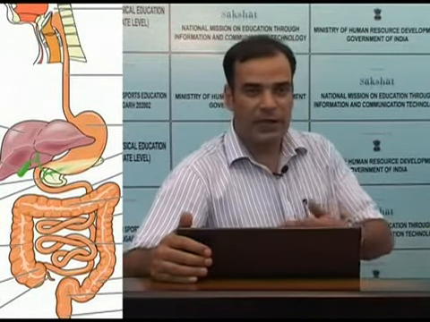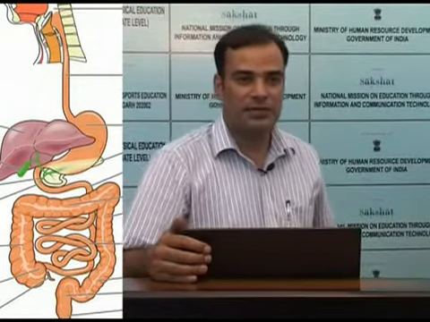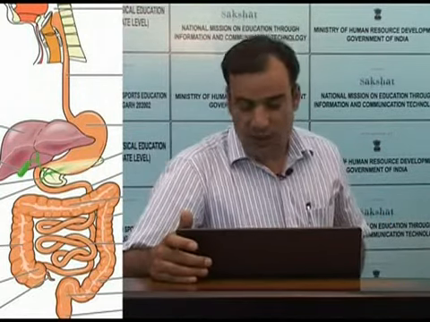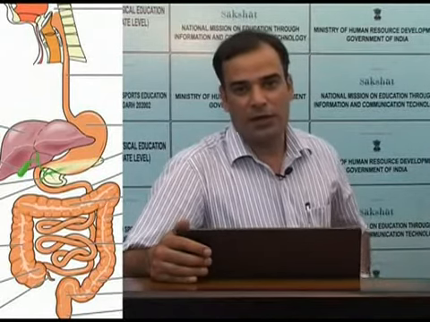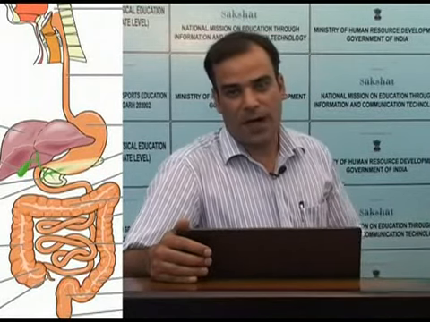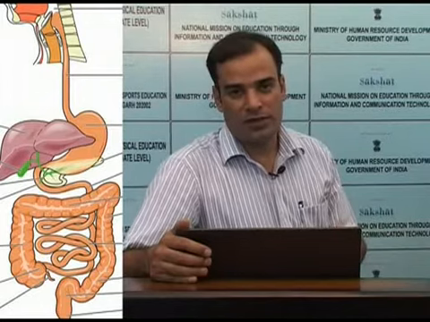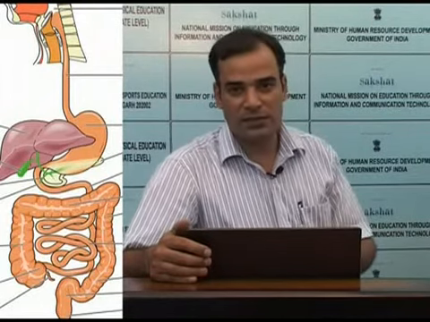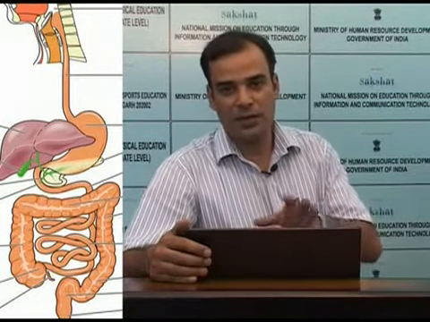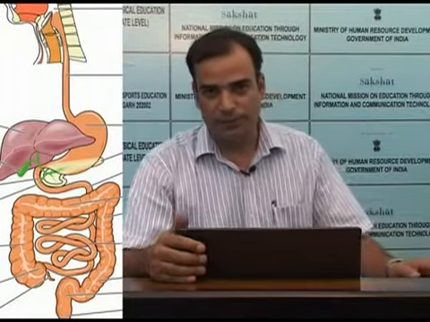As far as the external nervous supply of the GIT is concerned, like other visceral organs, it is also supplied by the autonomic nervous system. Both divisions of the autonomic nervous system, the sympathetic and the parasympathetic, supply the GIT.